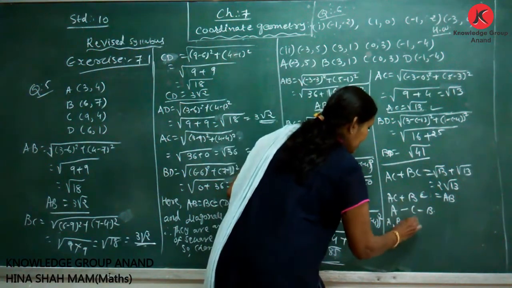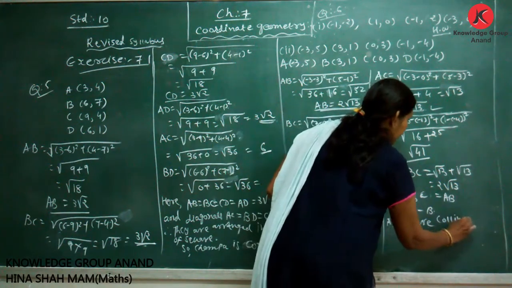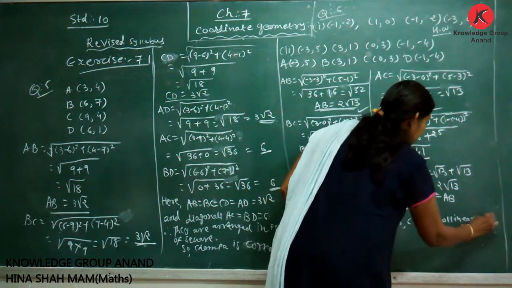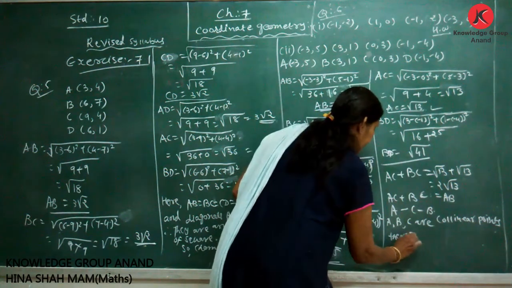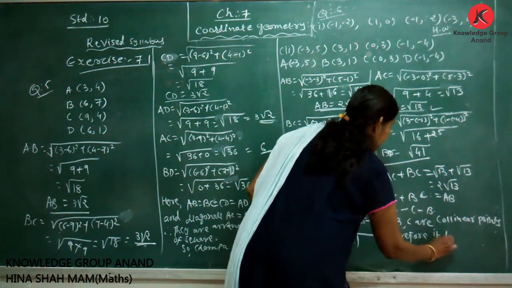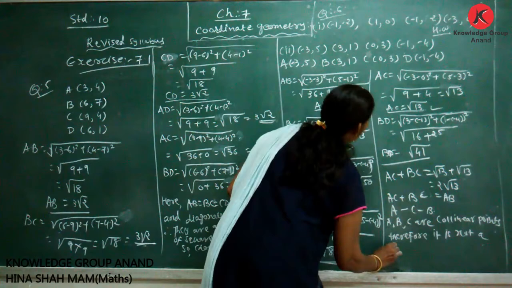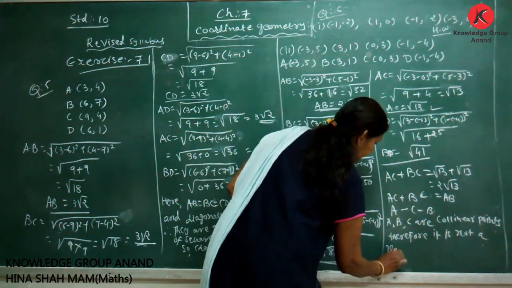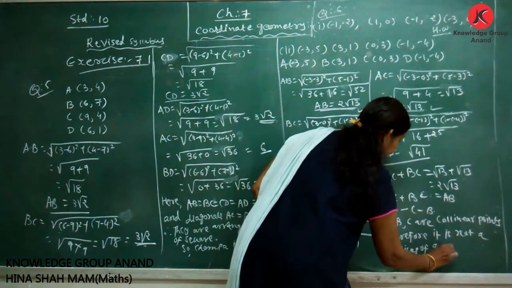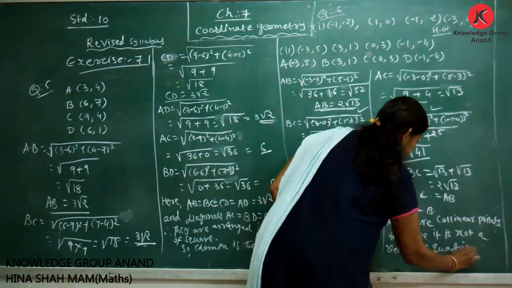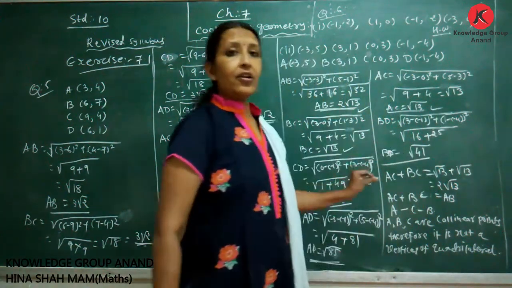A, B, C are collinear points. Therefore, they are not the vertices of a quadrilateral. Is it a quadrilateral or not?